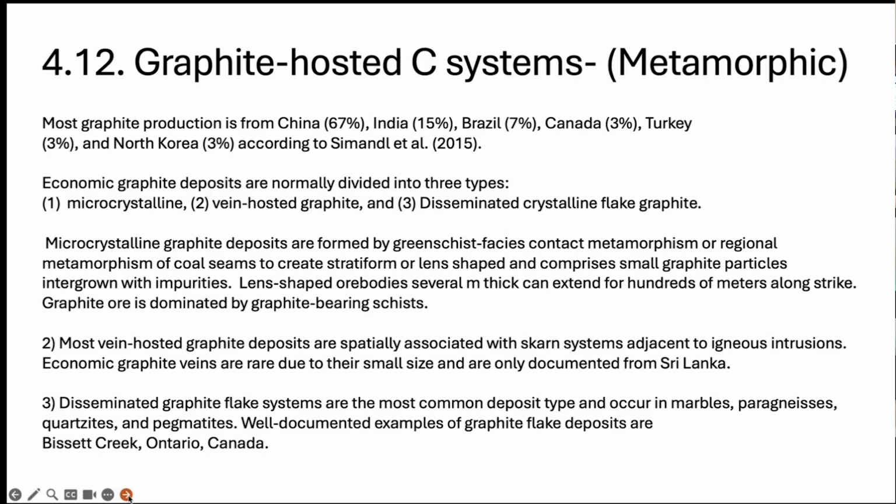Economic graphite veins are rare because they're usually pretty small, and they're only known from Sri Lanka. And then the disseminated graphite flake systems are the most common deposit type, and they occur in marbles, paragneisses, quartzites, and pegmatites, including Bissett Creek, Ontario.